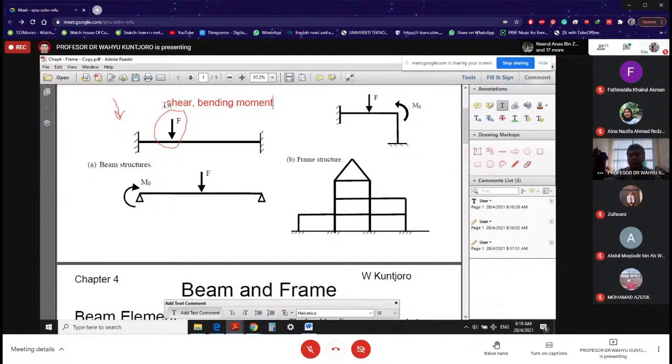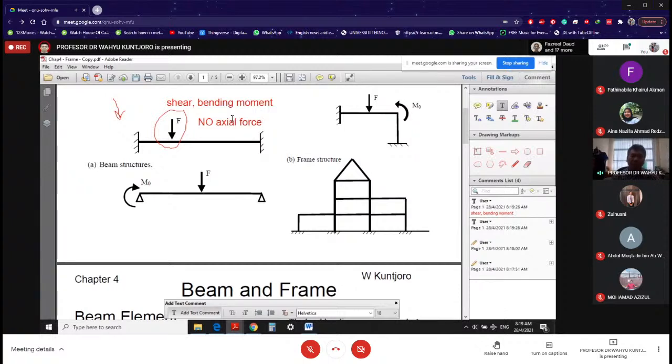But the structure, if you look at what we have here, you will observe that all elements are in a straight line. So that is a typical beam. Because of that, there will be no axial force. When I'm saying no axial force, I'm talking about internal force here. So in beam, you have shear and bending moment.